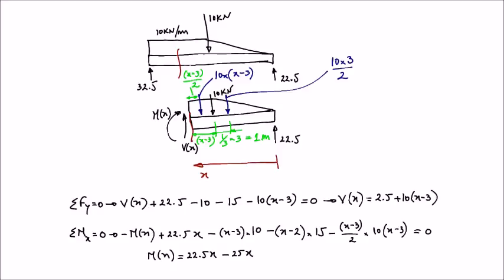and then we have here 30 plus 30, so plus 60, and at last we have minus (x minus 3) squared times 10 over 2.